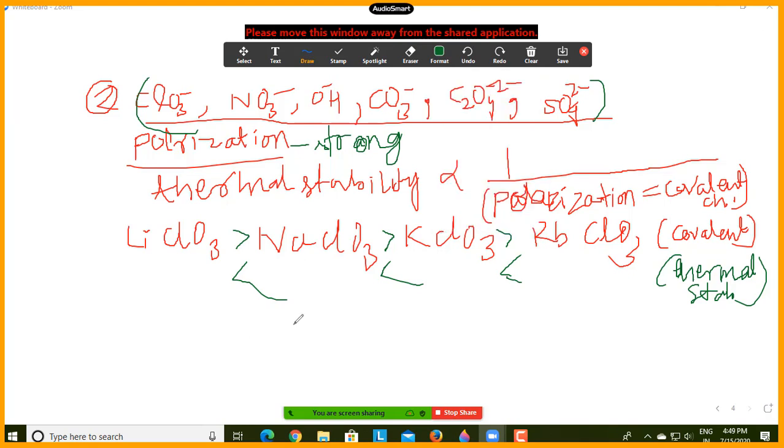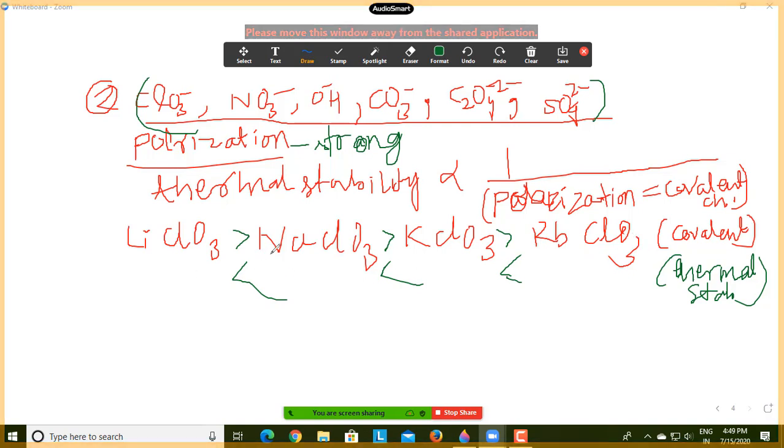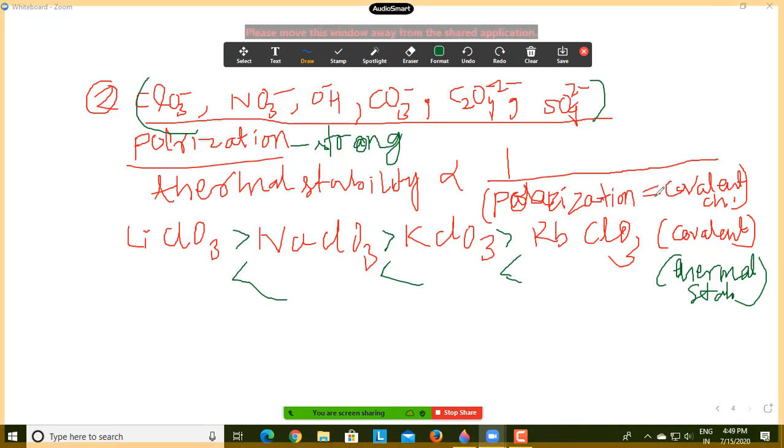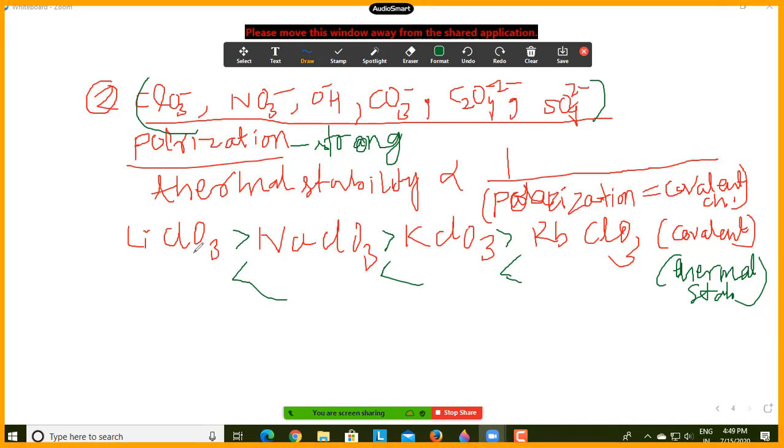If the anion is big, whatever the cation, then the order of covalent character matters: if covalent character is more, thermal stability is less. Why? Because more covalent means with less temperature it will break, it will decompose. So thermal stability is less. That we studied in the last class.